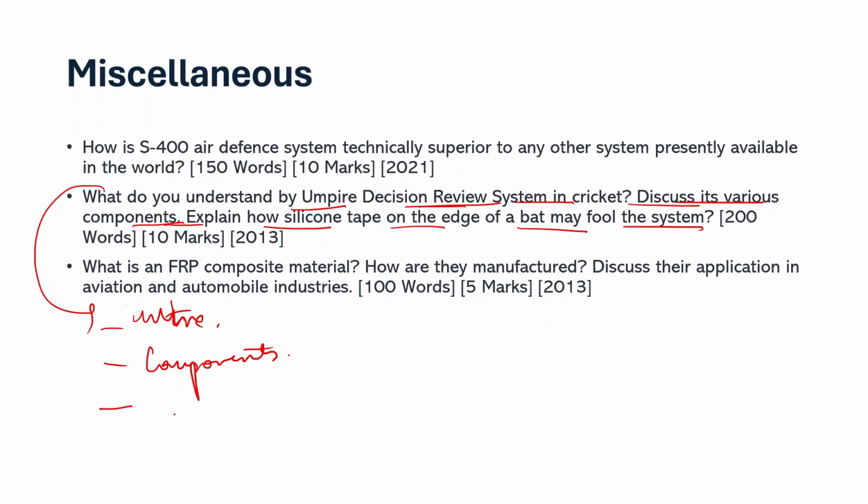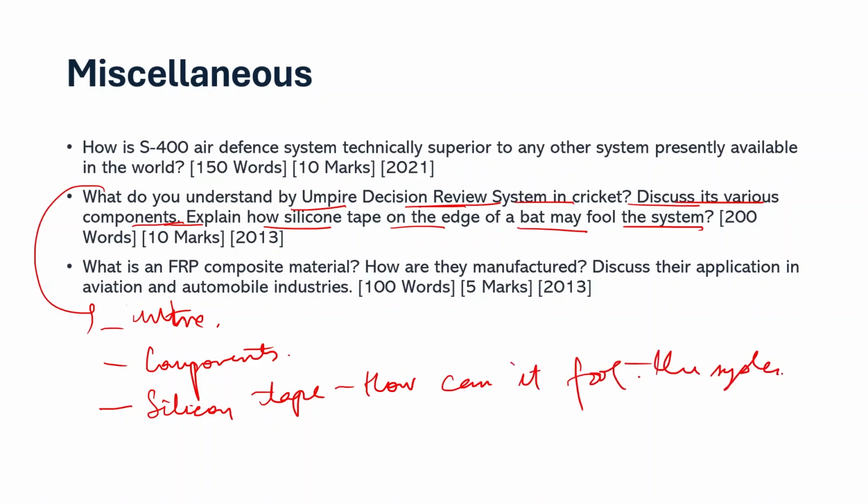Then you write about silicon tape, how it can fool the system, right? How can it fool the system? Write about this. Then you can write about way forward or conclusion, right?